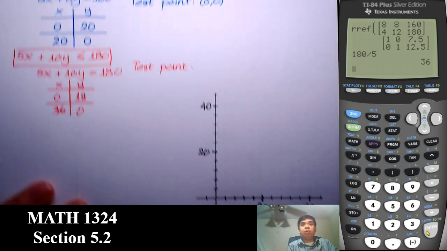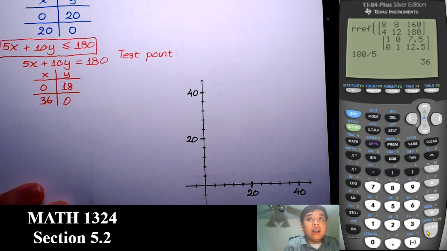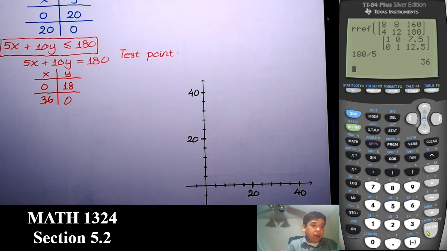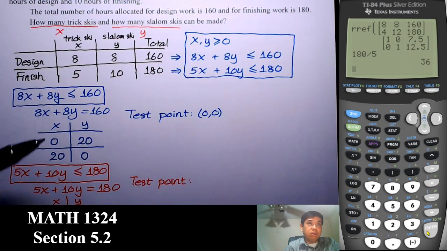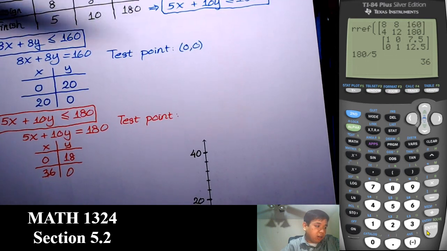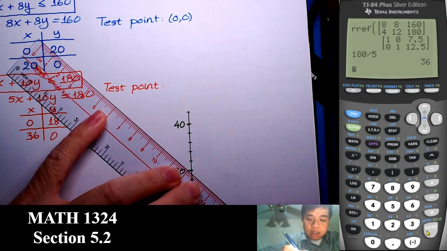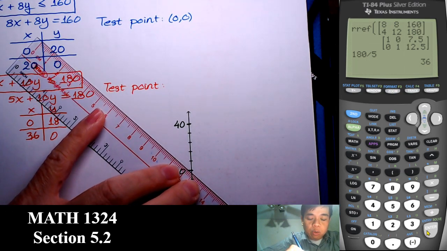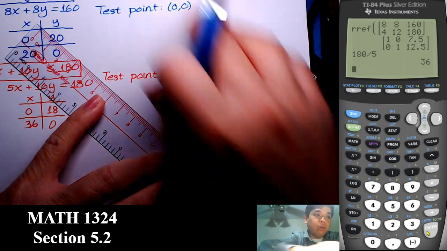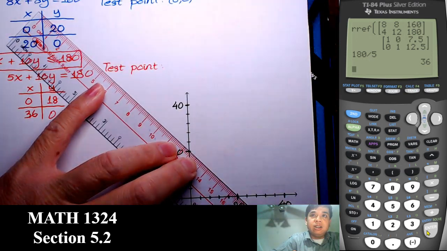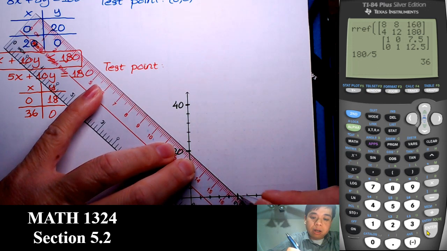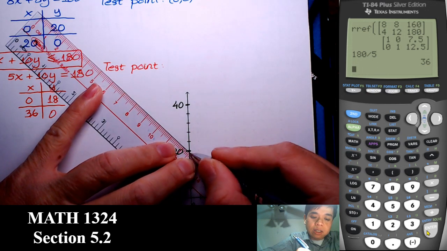We have that axis. Now, all of them have the equal sign, so it's going to be a straight line, not a dashed line. 20, 20. Again, we have x and y greater than or equal to 0, so we have everything in the upper right hand corner here.